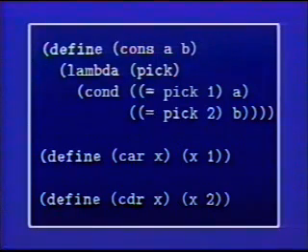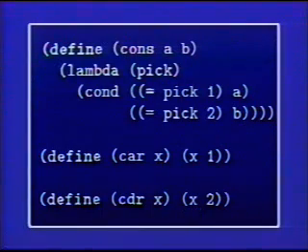And it says, if pick is equal to 1, I'm going to return A. And if pick is equal to 2, I'm going to return B. And that's what cons is going to be. Car of a pair x is going to be x applied to 1. And notice that makes sense. You may not understand why or how I'm doing such a thing, but at least it makes sense because the thing constructed by cons is a procedure, and car applies that to 1. And similarly, cdr applies that thing to 2.